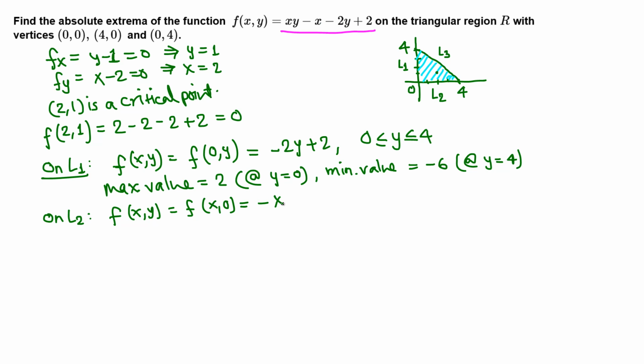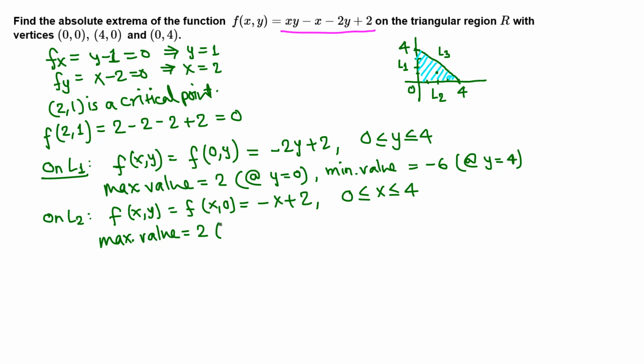Again a line segment, and on L2, x ranges from 0 through 4. So we want to find the maximum and minimum value of this negative x plus 2, which is a line segment, and just from observation we can find max and min, because 0 makes 2, that's the max value, and 4 means negative 4 plus 2, negative 2, that's the minimum value.